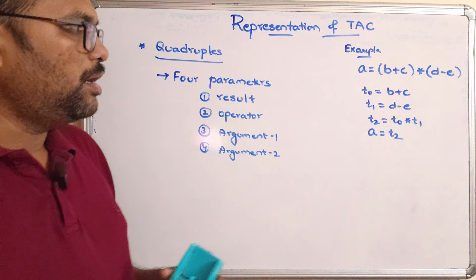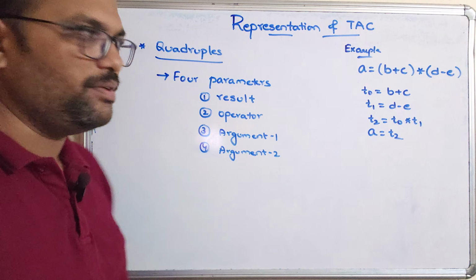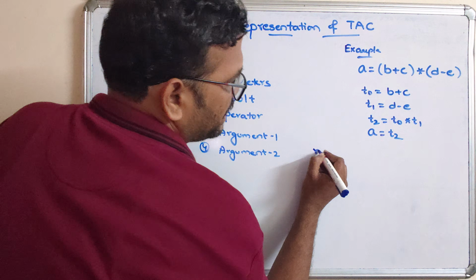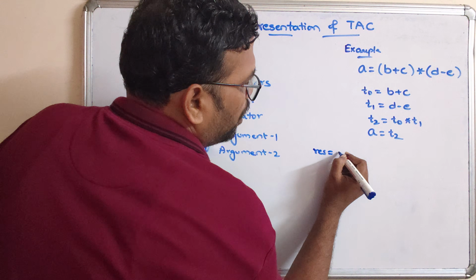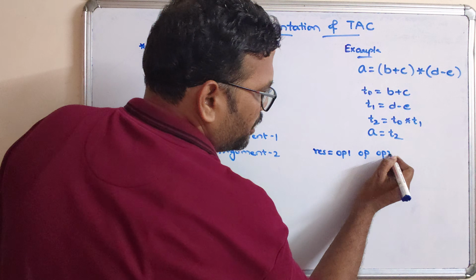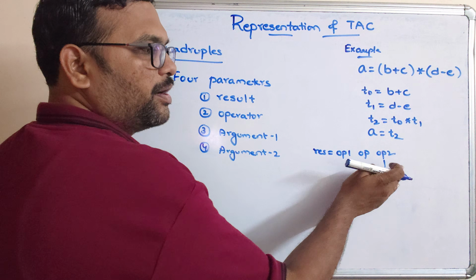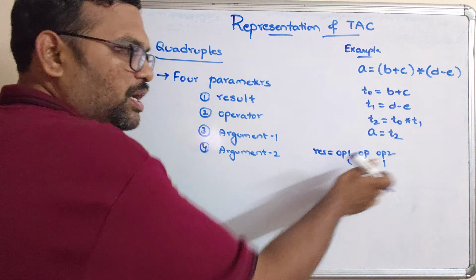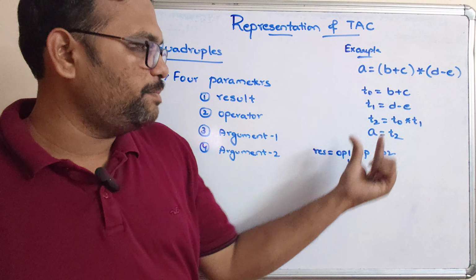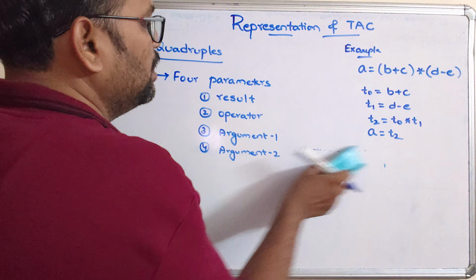What we discussed in our previous session is that every statement is in the form result is equal to operand 1 operator operand 2. So we can call these argument 1, operator, argument 2, and result. If any three address code statement is represented using all these four, that is called a quadruple.